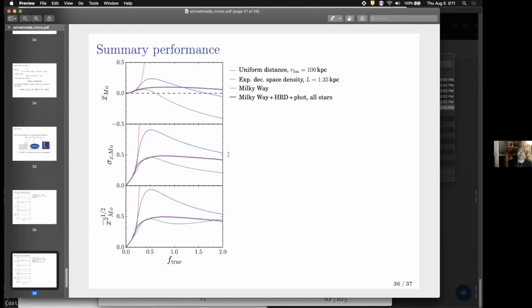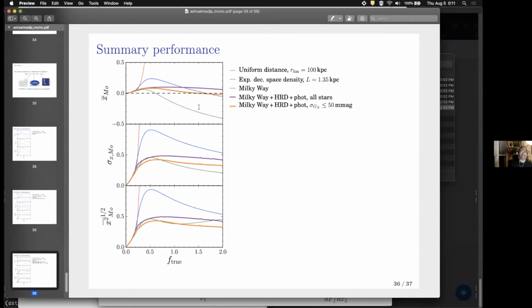And if you use photometric information, then the bias gets very small, and the uncertainty is also not bad. The RMS error here is also comparable to the Milky Way space density. So what's important here is the bias. It's almost gone for all of the distances being considered.